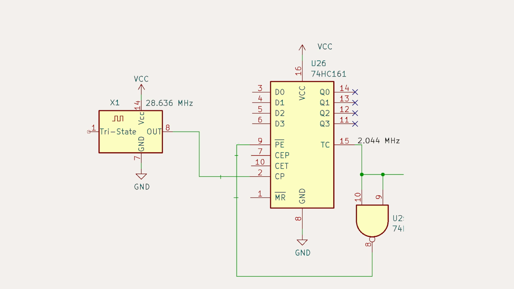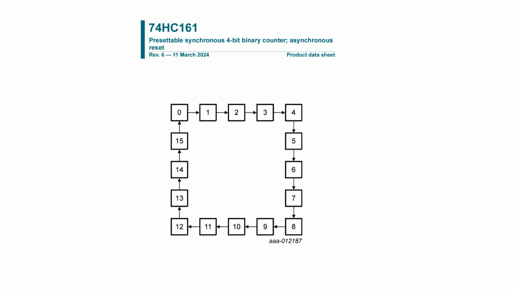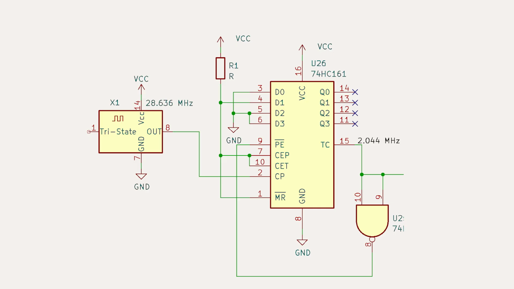If I set the parallel input to be 2, then, instead of rolling from 15 to 0, it'll roll from 15 to 2, then count back up to 15. This means there are 14 steps in the cycle. If we tap the terminal count out signal, or output Q3, we've effectively divided our input clock by 14.